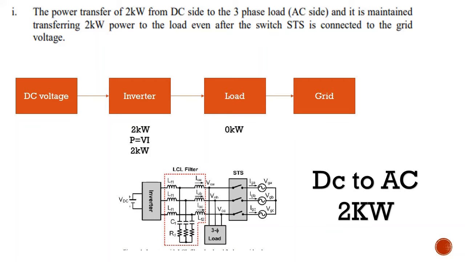Since the STS switches are turned on and there is no current flow to the grid voltage, it means the current will flow 2 kW to the load and no current flowing to the grid voltage. The direction of the current flow is from the DC voltage, inverter, load and the grid voltage.